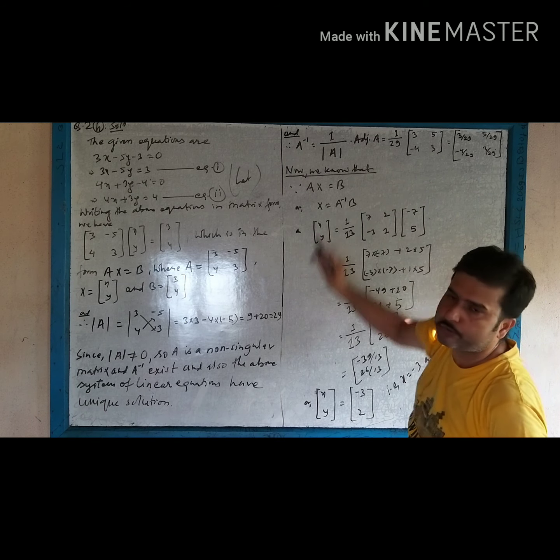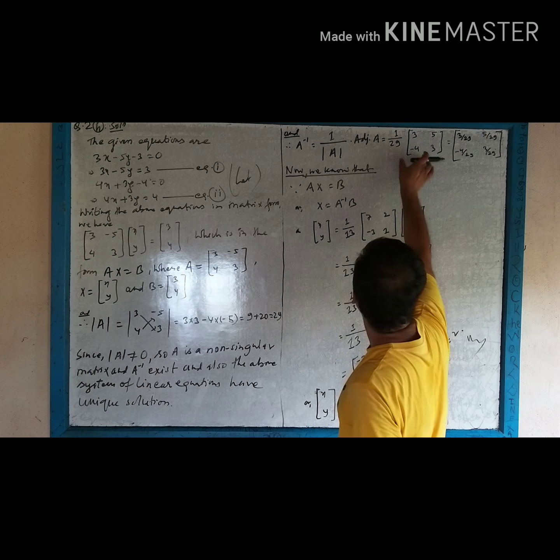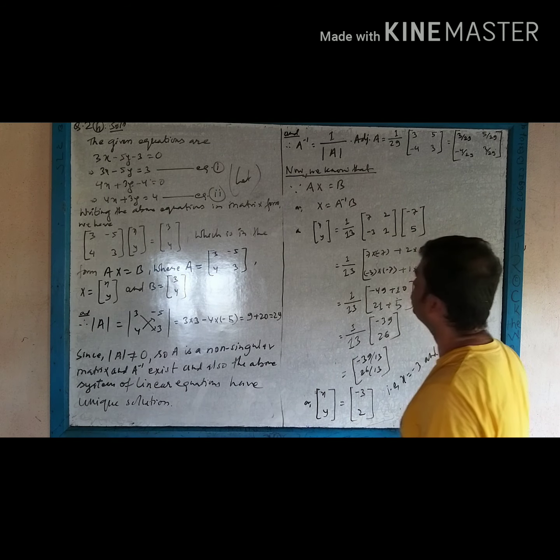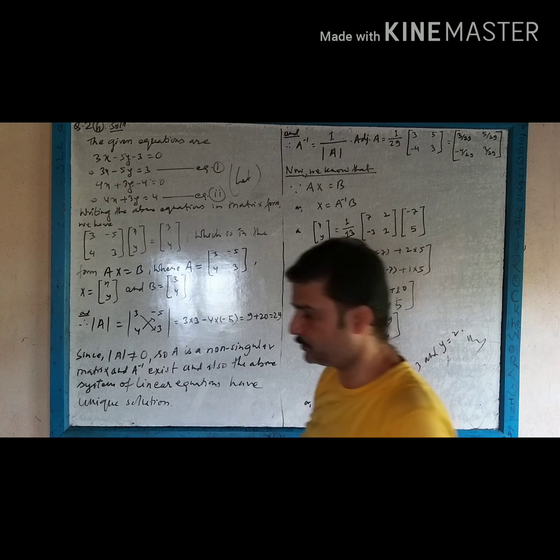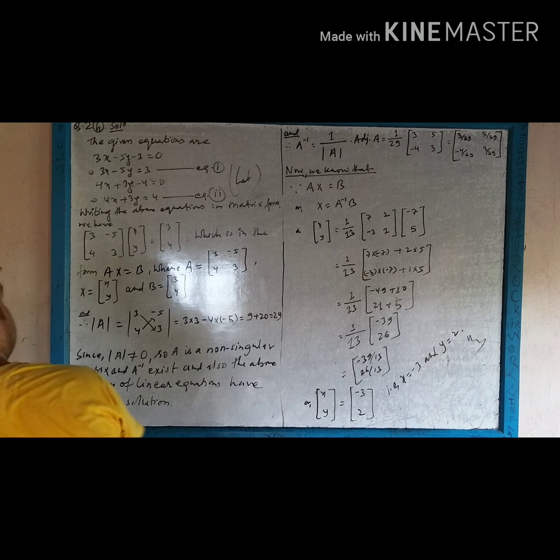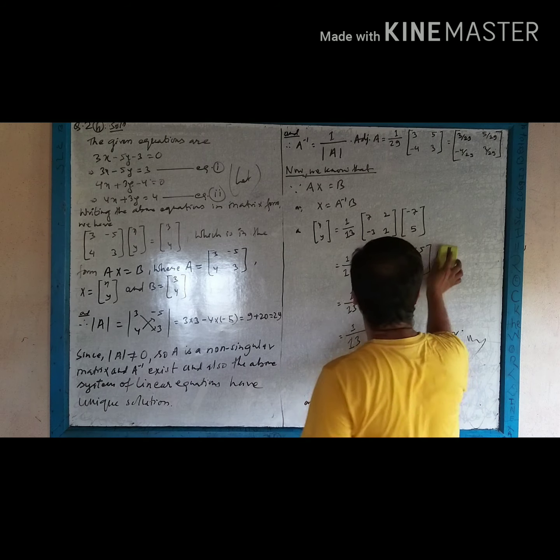But we are not going to use this value. We are going to use this form while solving the equations because it is easy for us. So let's solve. Here I am drawing this.